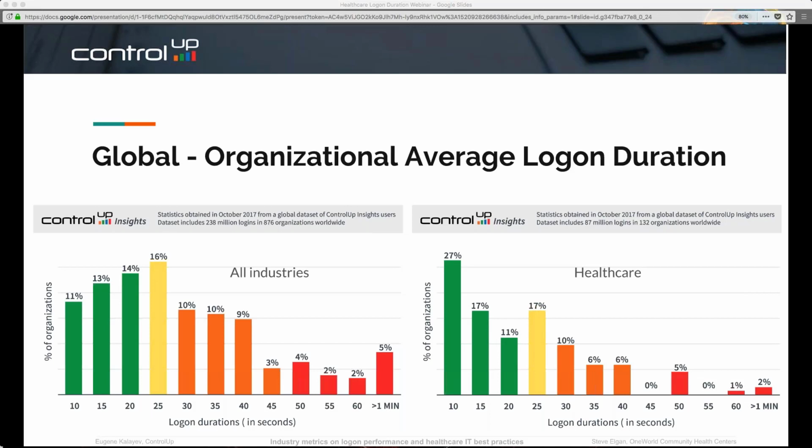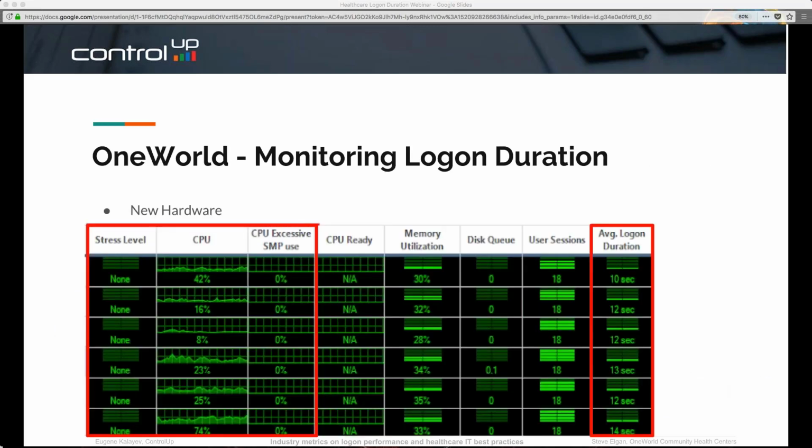Great. So let me just pick up on the global perspective in a second, but I wanted to point out a couple of things on the previous slides, on the screenshots that you see from Control Up. So there's a couple of metrics here. I hope that Steve mentioned them, and I hope everyone is familiar with them, but just to describe those metrics really quickly.